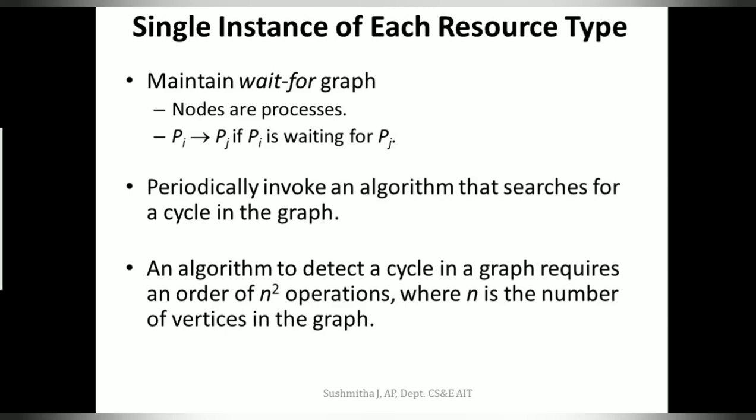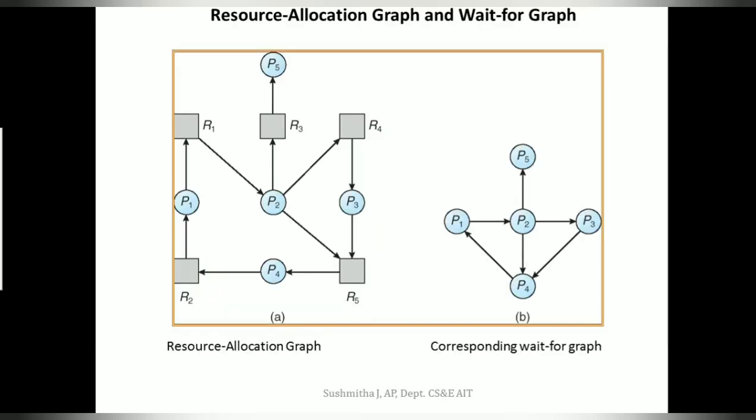Now let us see how do we write the wait for graph. Now here we have shown the resource allocation graph as well. The same thing we are varying for your wait for graph. Now first let us see what the resource allocation graph has to tell.